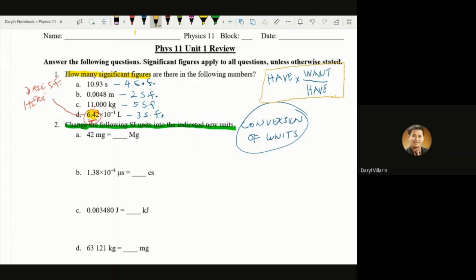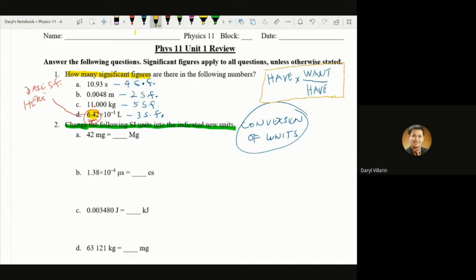What I've given you would be the different prefixes and the corresponding multipliers. Okay? So don't worry about that much. You'll be given that particular prefix table. So this is asking 42 milligrams to megagrams. There's a difference between a small letter m and a capital M. In my case, I usually write my letters in uppercase.